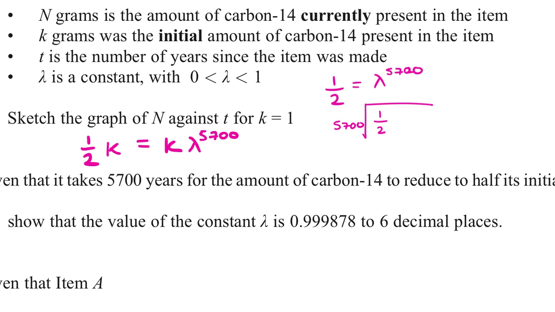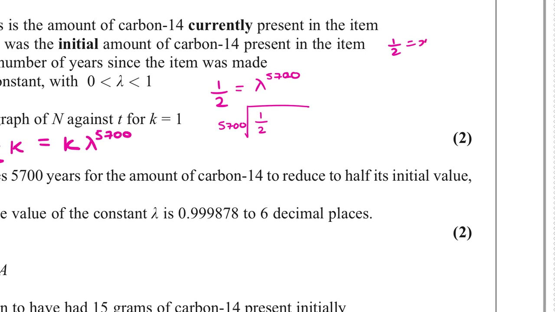So we don't need logs. We need logs when it does it to the power of x. But this is like saying if a half equals x squared, how do we find x? We square root it. Okay, so when we get this, we're going to get lambda equals, and in your calculator, you should get 0.99. What did you get?